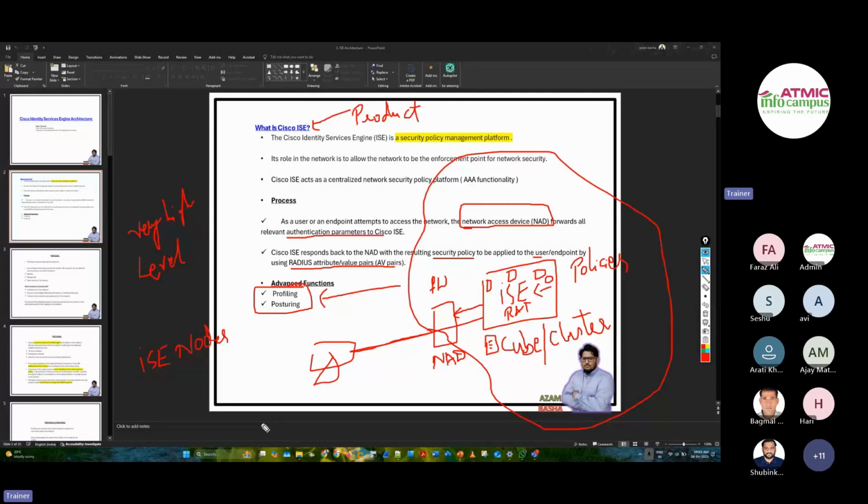Cool, so let's move ahead. Along with RADIUS and TACACS, ICE has additional features called profiling and posturing. This is our to-and-fro traffic at a very high level.